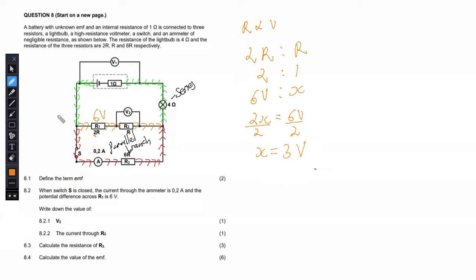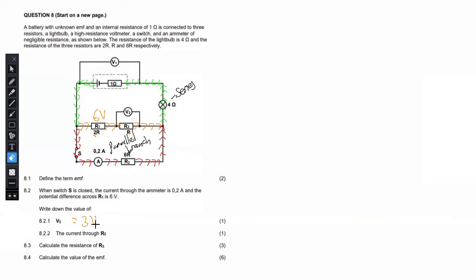So that's how you were supposed to figure that one out. This has twice the resistance, that means it has 6 volts. So the one that has half the resistance must have half the voltage. So 6 volts, and then here we have 3 volts. For 1 mark, you only needed to write 3 volts. This is based on our knowledge of the voltage and resistance relationship.